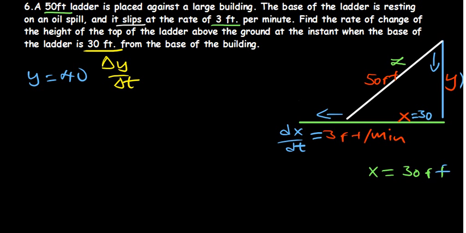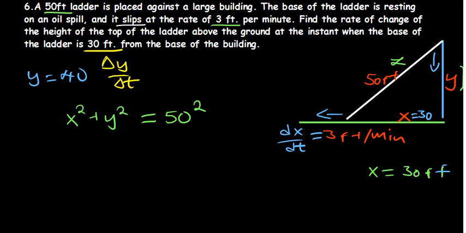So we'll say x squared plus y squared, which is representing the height and also the base, should be equal to 50 squared, which we know, the reason why I'm just putting 50 squared is because the length of the ladder will not change, but these other values, x and y, will be changing. The height and the base will be changing as this ladder slips.